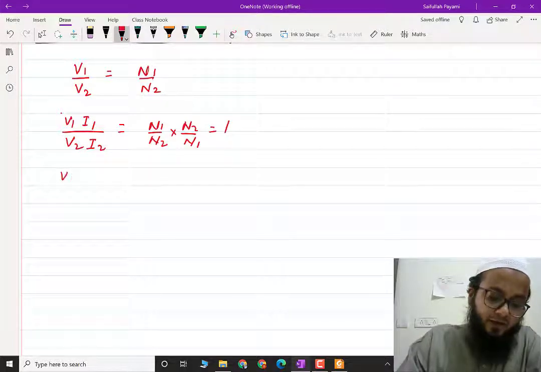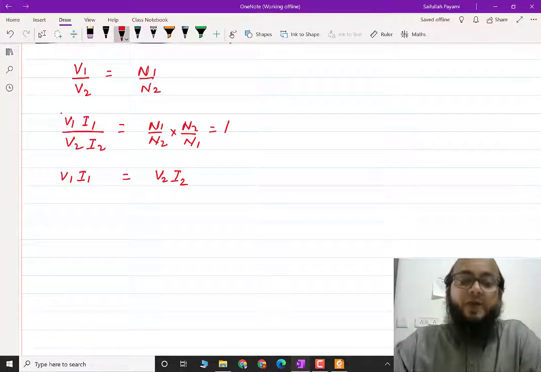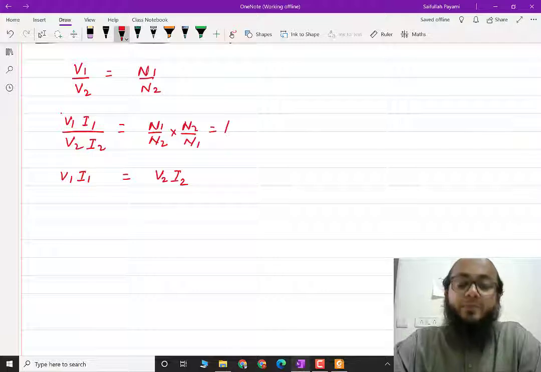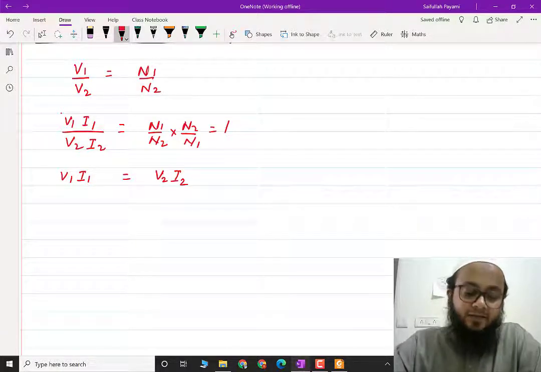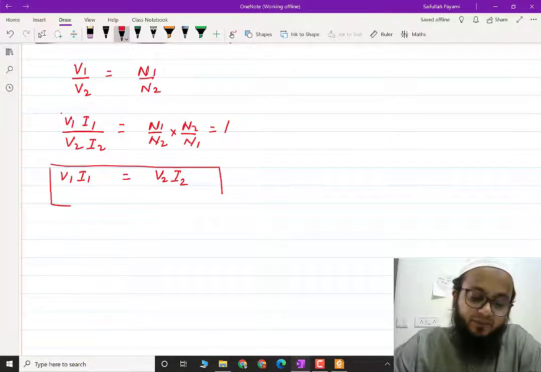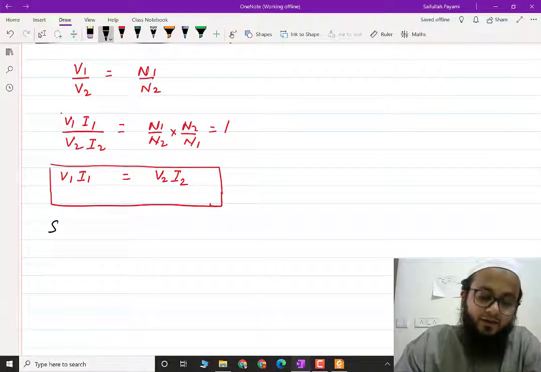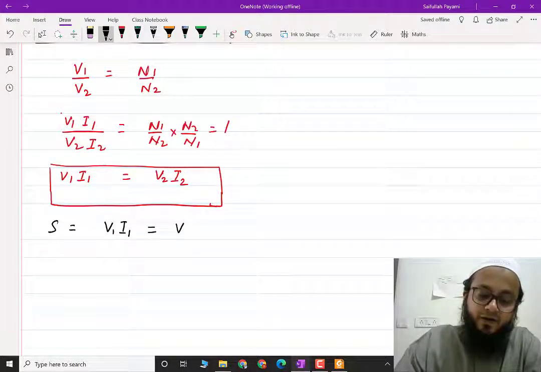So V1 I1 is equal to V2 I2. So what we can observe is the power on both sides of the transformer remains the same. This is the power rating of the transformer. So the power rating of the transformer S is given by V1 I1, or equal to V2 I2.